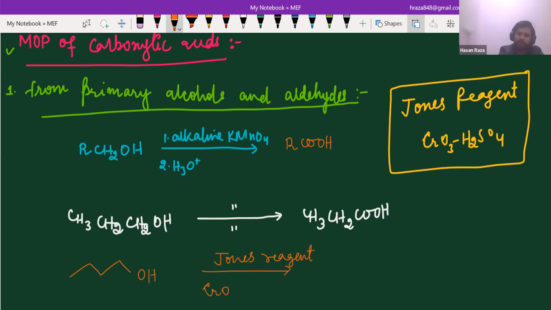There can be a direct question, what is Jones reagent? Or it can be asked in MCQs, which of the following is Jones reagent? So it will be converted directly into carboxylic acid. Is that clear to everyone?